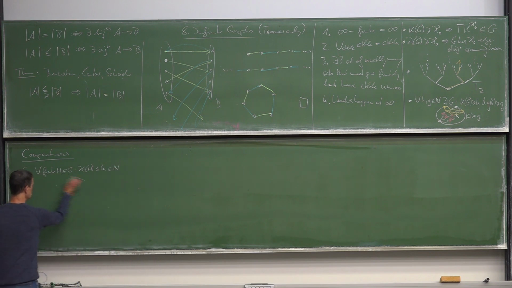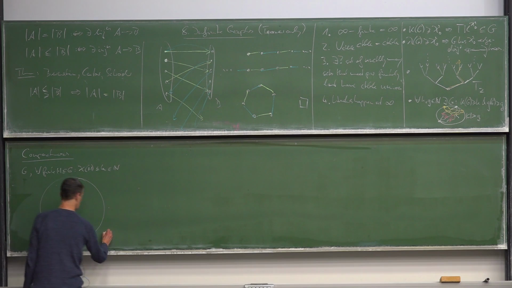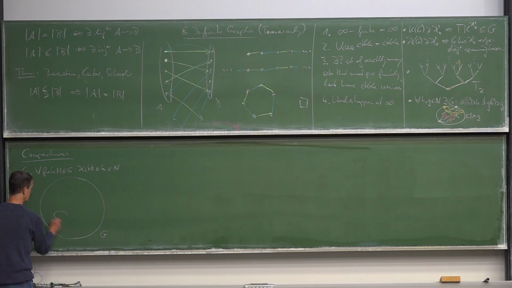Right, so here's G. Every little H has chromatic number at most k, so we can k-color it. Right. Question, can we k-color the entire graph G?